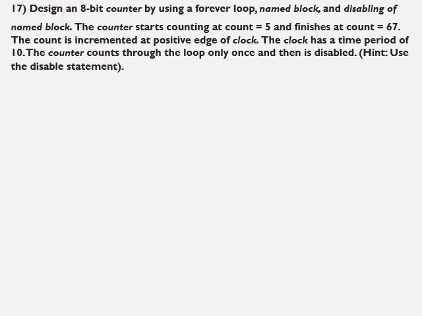Okay. So here you have to design a counter starting from 5 to 67, and after that it has to come out of the loop. Only once it has to do the counting. Okay. So we will proceed directly to write the program. Module, say test.